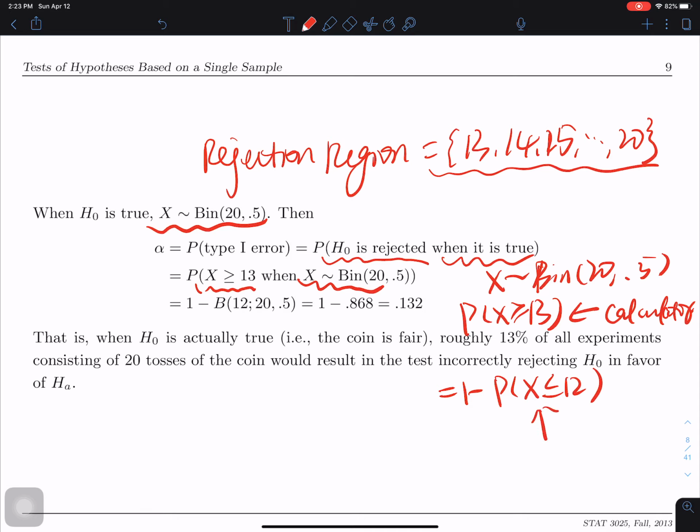And the result is 0.132. That is to say, when my H0 is true, when my coin is really fair, I still have a chance to reject my H0, which is 0.132.